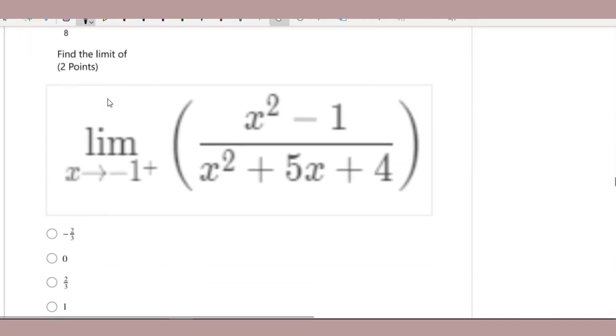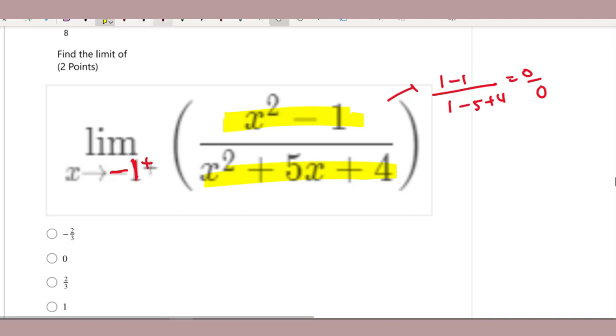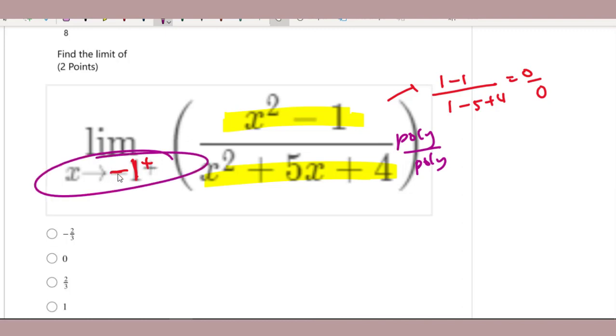Number 8, find the limit of this one. First substitute negative 1 from the right. Negative 1 squared minus 1 over 1 minus 5 plus 4 is equal to 0 over 0. This is called an indeterminate form. And here, this is a polynomial over a polynomial, as x approaches negative 1 from the right.